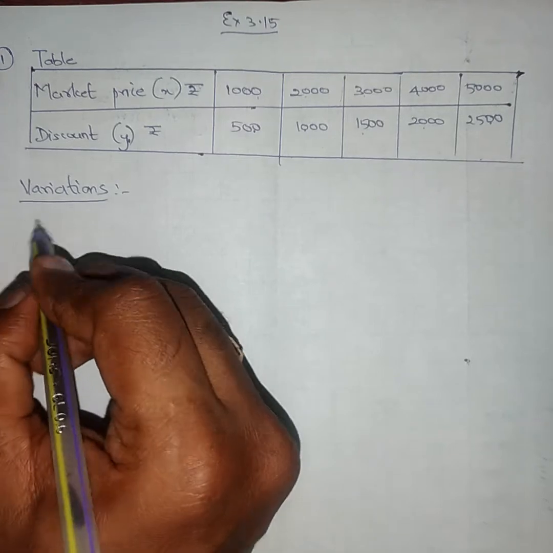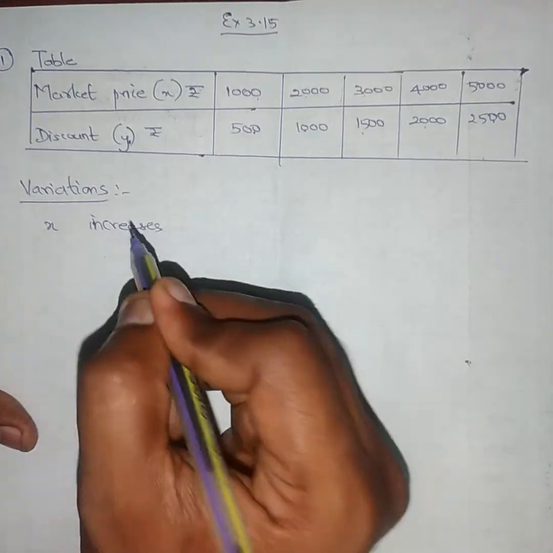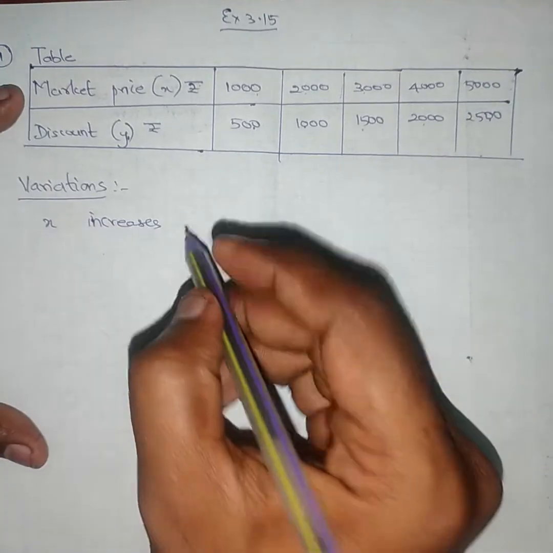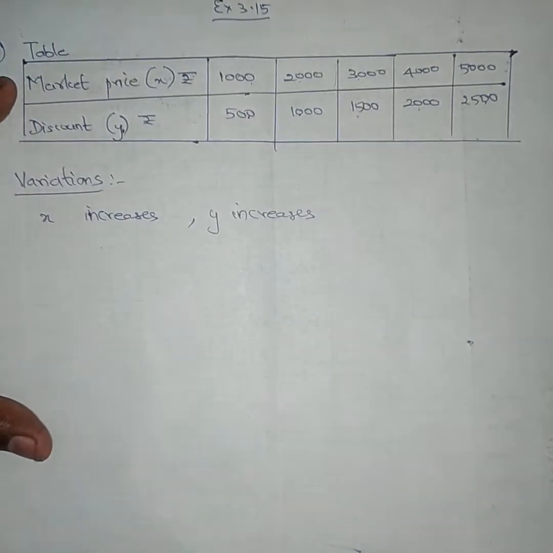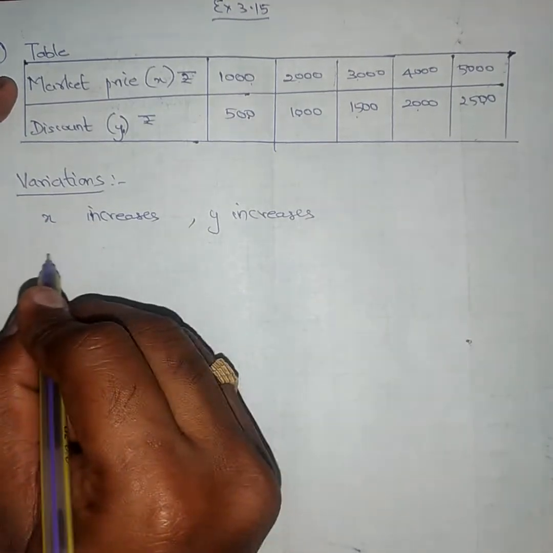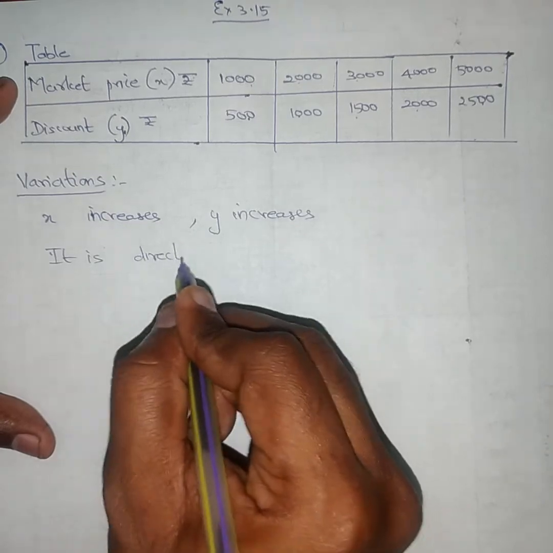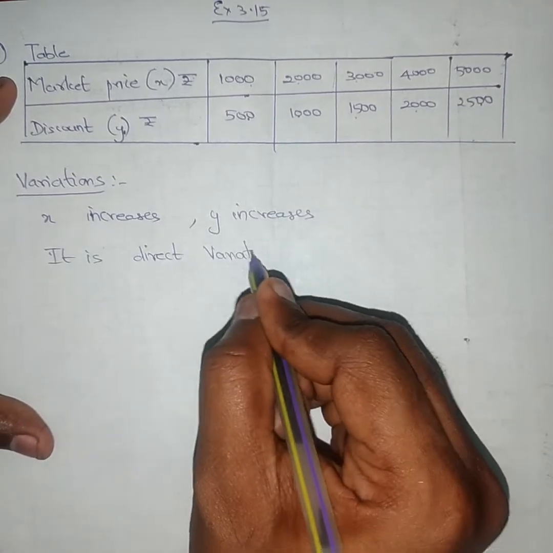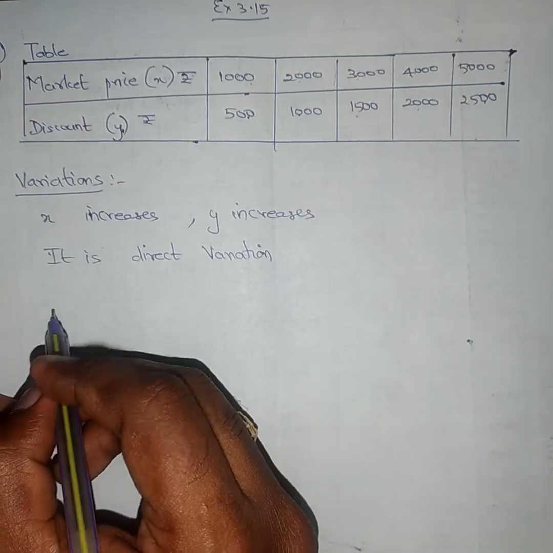As x increases, y increases. What is the variation name? This is called direct variation.